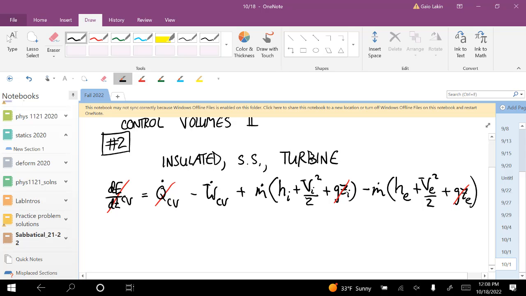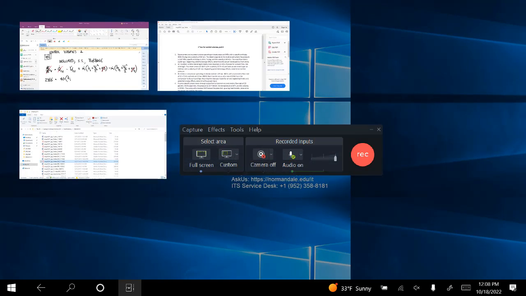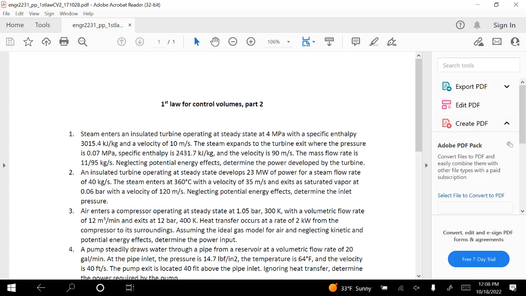We can work to the other side, and that was 23 times 10 to the 6 watts is equal to 40 times the quantity hi plus, it gives us the speed at both the inlet and the exit. So it enters at 35 meters per second and exits at 120.